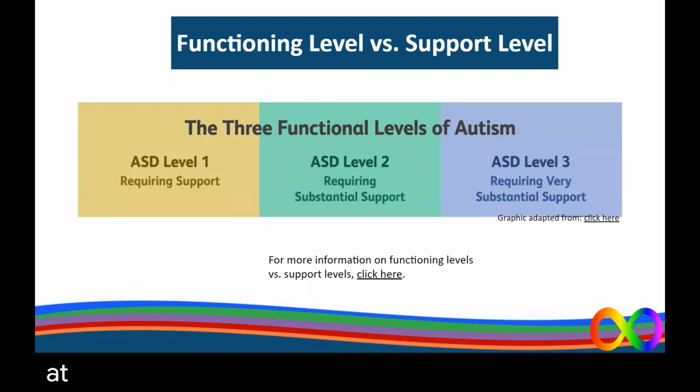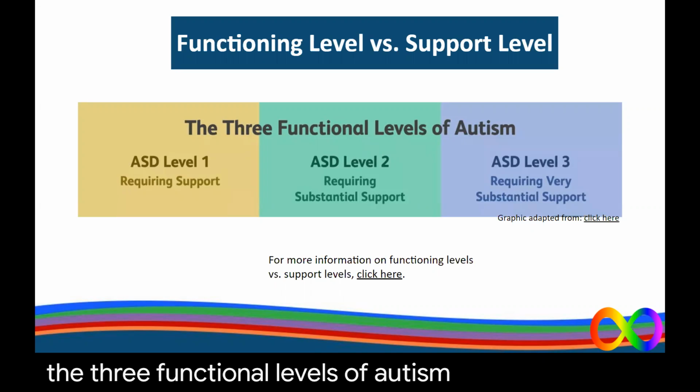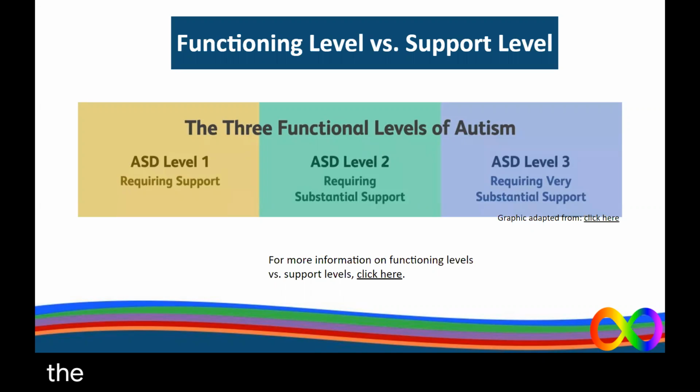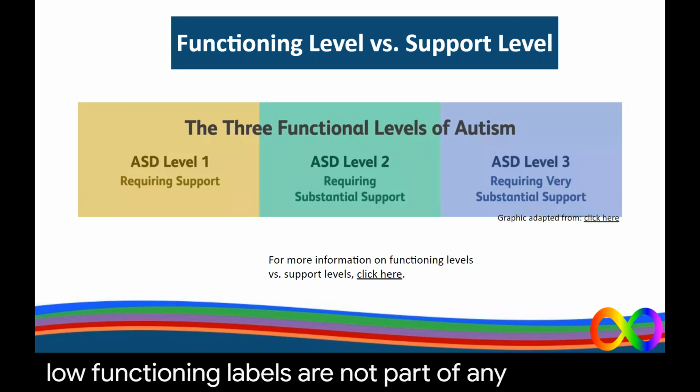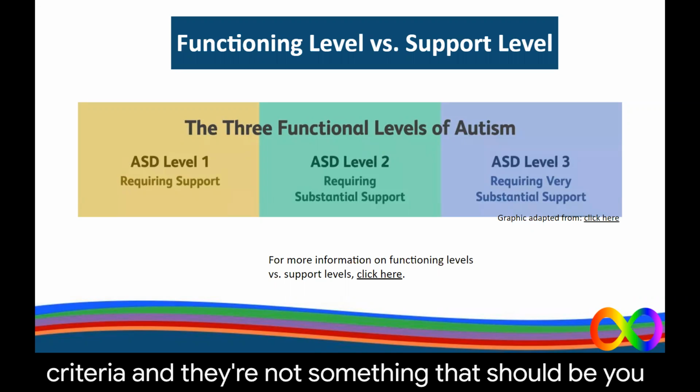Then take a look at the slide in this 3-column box here, the 3 functional levels of autism. This represents the DSM criteria levels 1, 2, and 3. So what language do you not see here? High and low functioning. High and low functioning labels are not part of any diagnostic criteria, and they're not something that should be used.